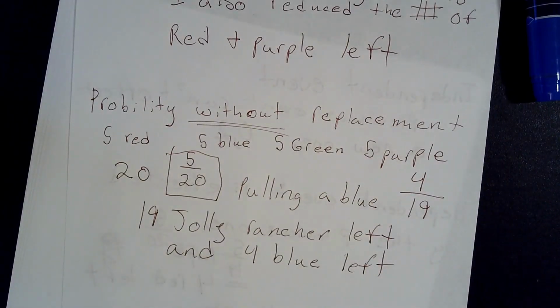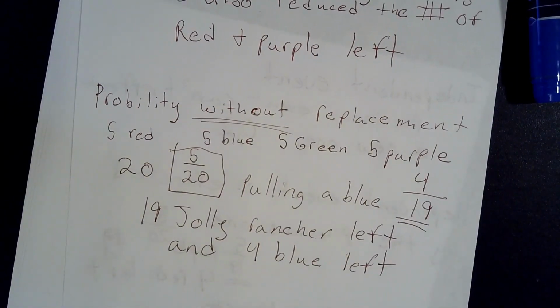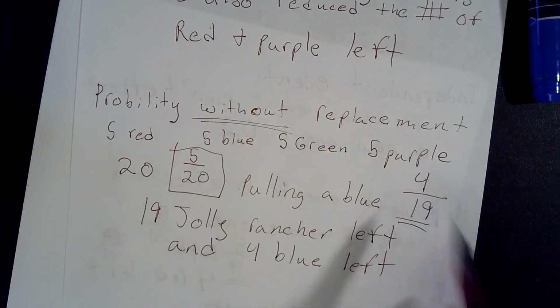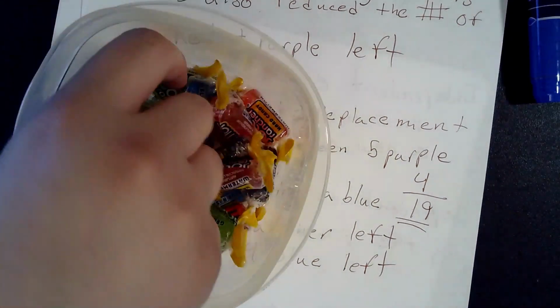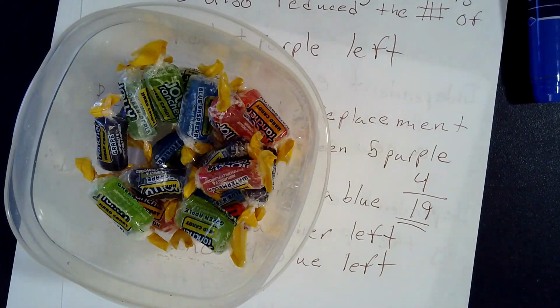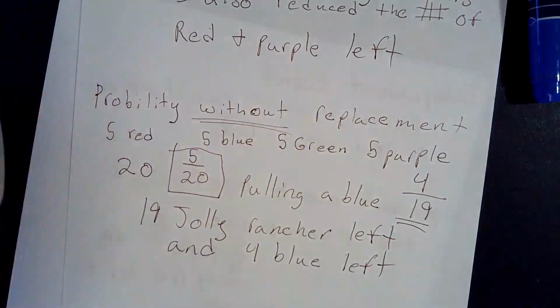Because I took that blue one and I ate it, so we have 19 left total. And now we only have 4 blue ones left in the bucket. So taking them out and not putting them back is going to change the numbers we are dealing with. Okay?